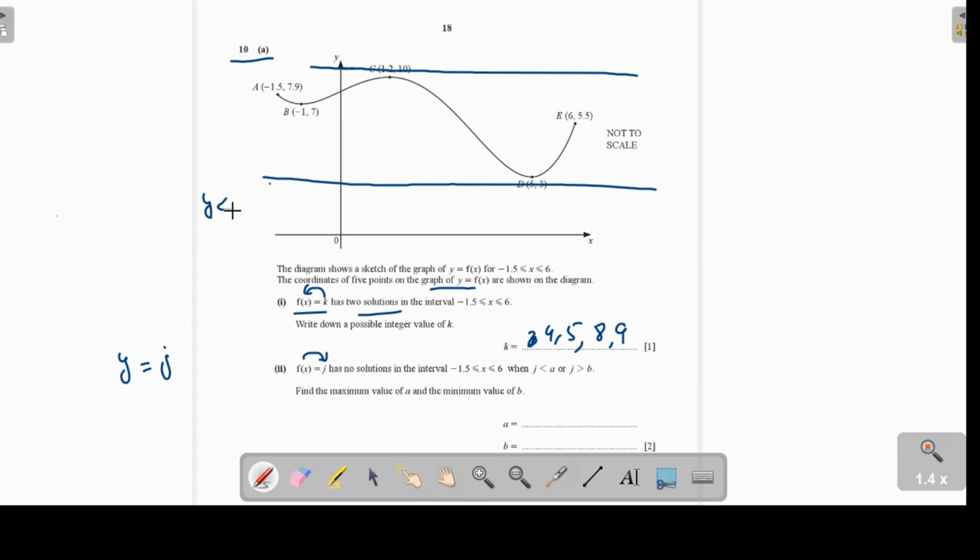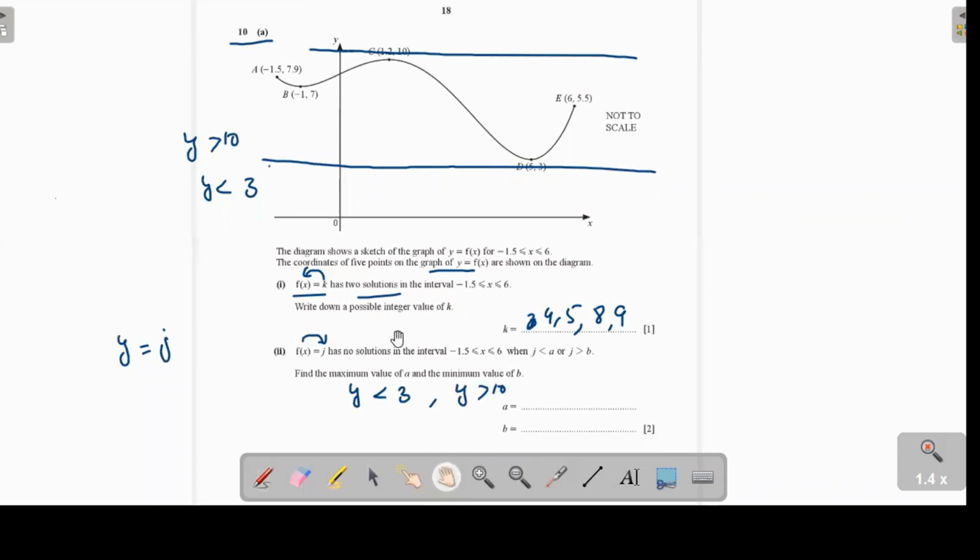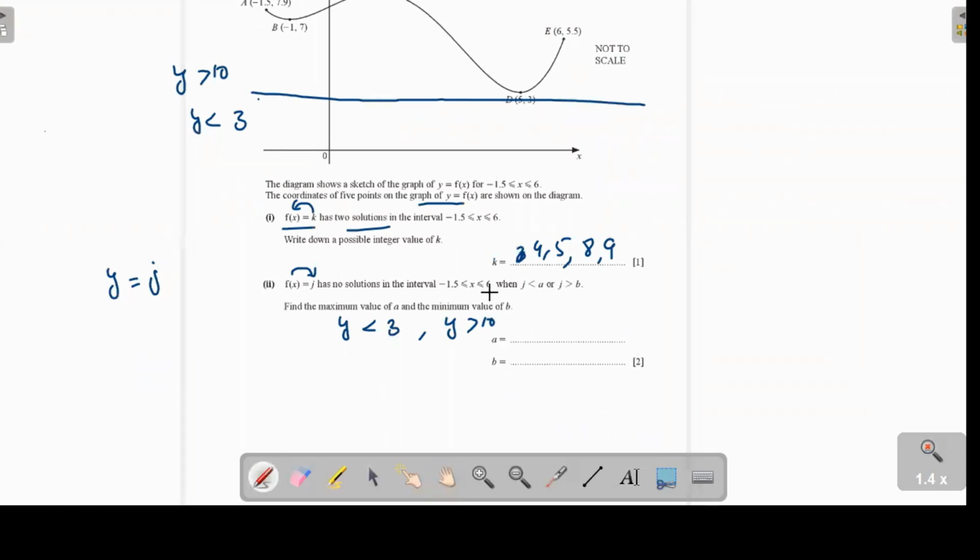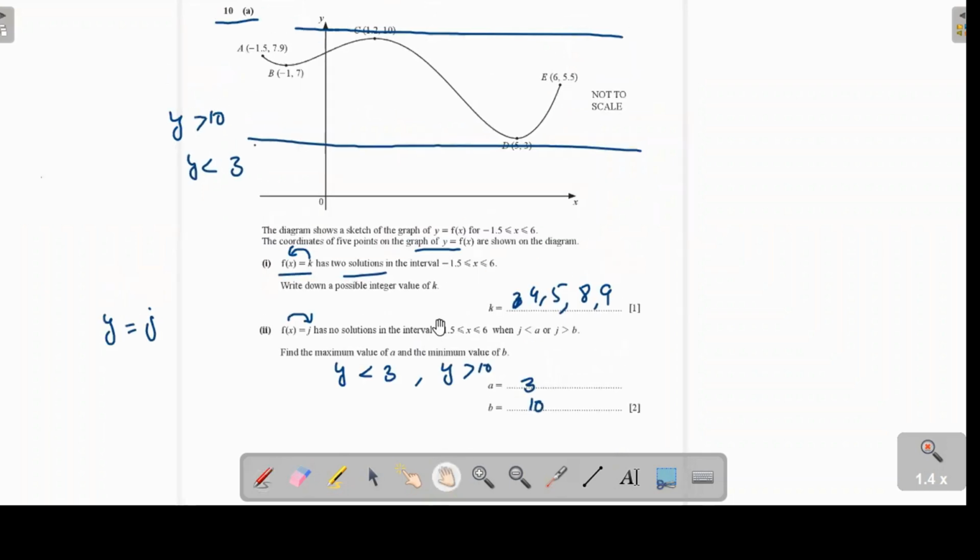Therefore, y less than 3 no solution and y greater than 10 no solution. So a is 3 and b is 10, y greater than b, we can write this 10. And this is the answer.